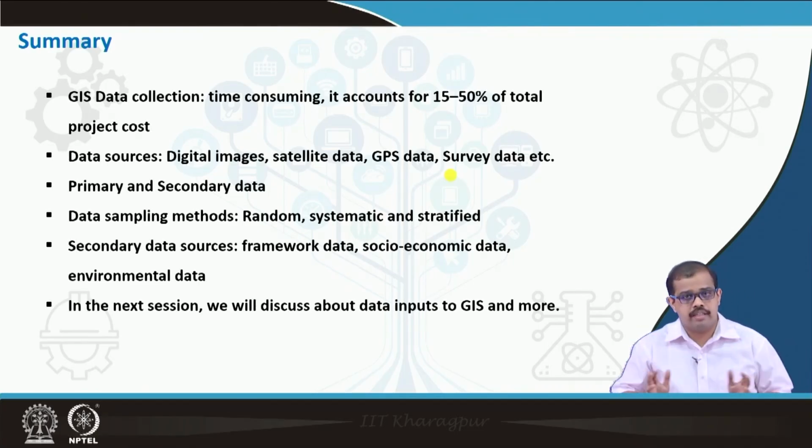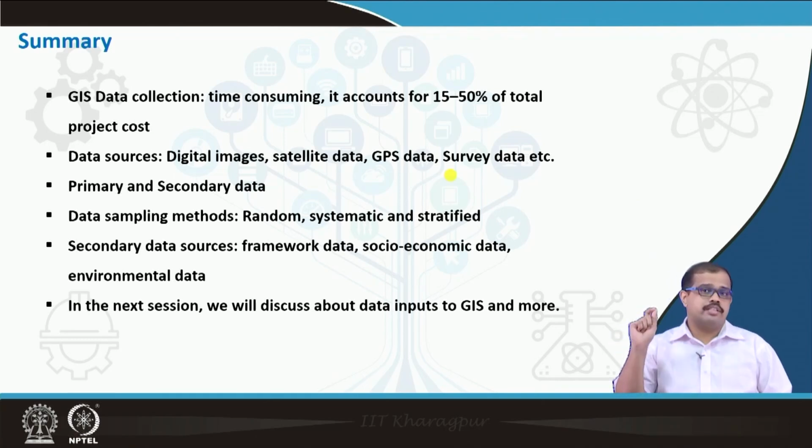Let me summarize this, but always remember that there are two data sources. The best data source that you can guarantee to your user is a primary data source. When you use a secondary data source to populate your database, please look at its metadata. Without metadata, your database is going to be absolutely rubbish.